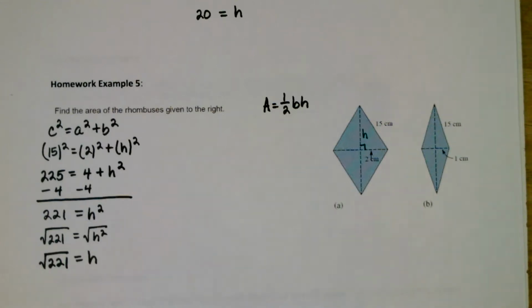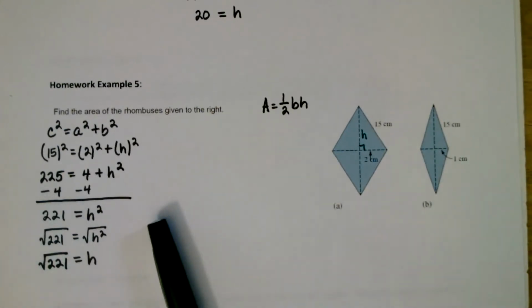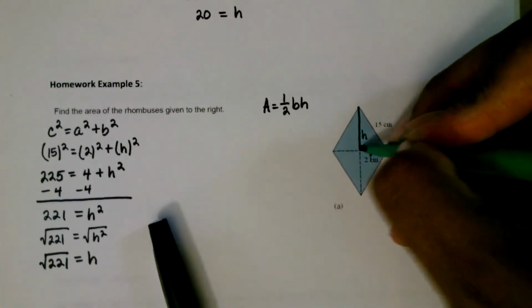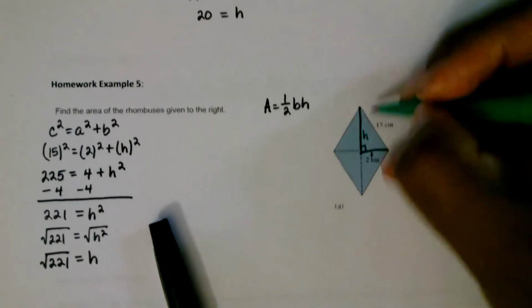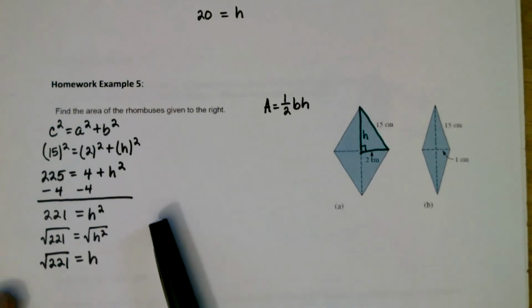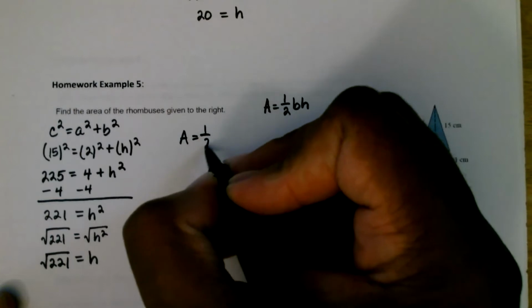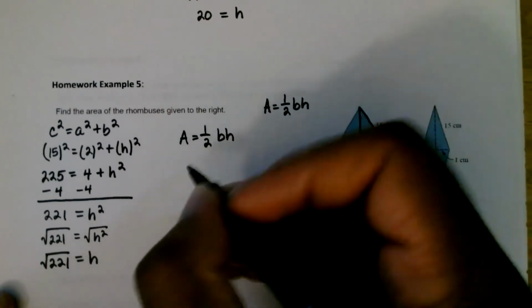Now, I'm going to outline this in green again, since this right here is a triangle, we're going to use the formula for finding the area of a triangle, which is, of course, 1/2 the base times the height.